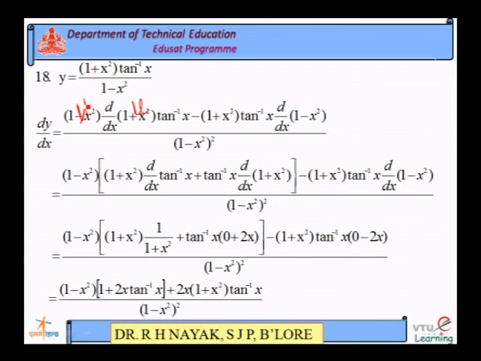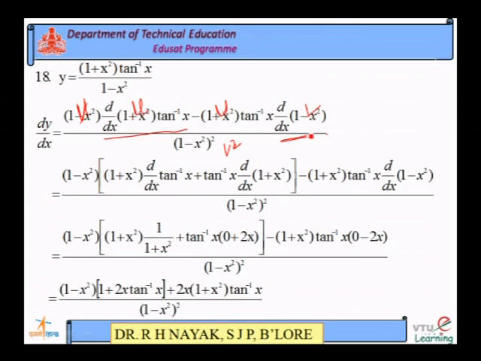V into d by dx of u minus u into d by dx of v, divided by v square. Then wherever you have d by dx, that is differentiated, other things are taken as it is. So, what is the differentiation of 1 plus x square into tan inverse x?